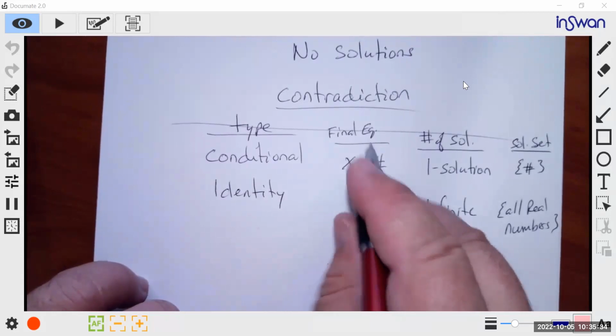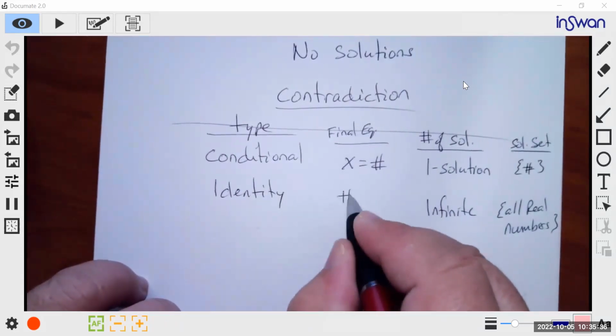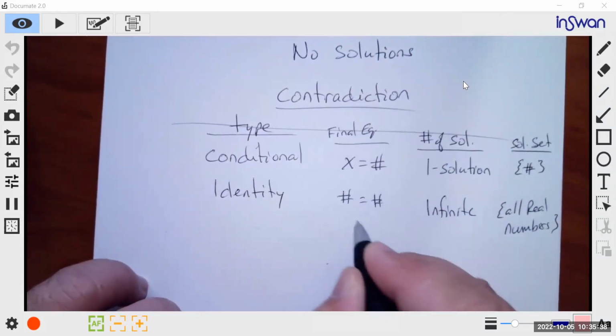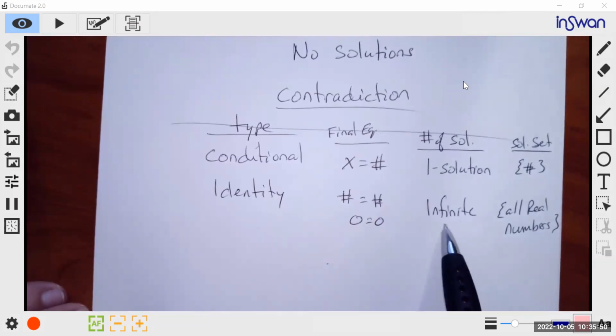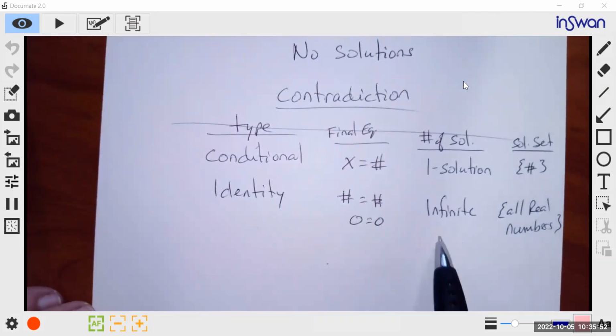And the final equation will be some number equals itself, like 0 equals 0. After you simplify both sides, if there's no more variables and both numbers are equal, then it's an identity, and any x you put in there will work. You have infinite number of solutions.